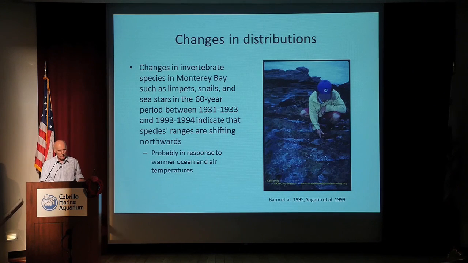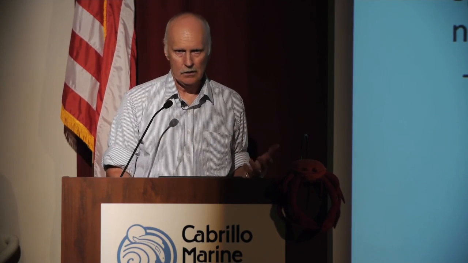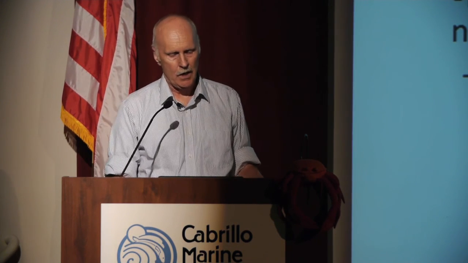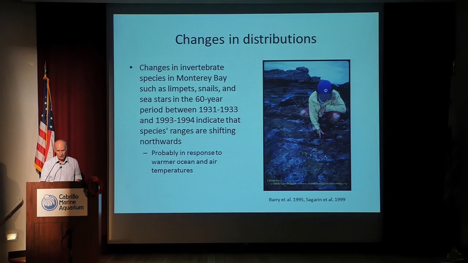We have started to see some changes in distributions. It's something that in marine we're focusing on much more, and we're going to try to get better data to track changes in distributions. Here's a case where, even though I mentioned that we don't have much data on what was in these intertidal habitats before there was so much human activity, off of Monterey Bay by Hopkins, a scientist collected data in the early 30s.